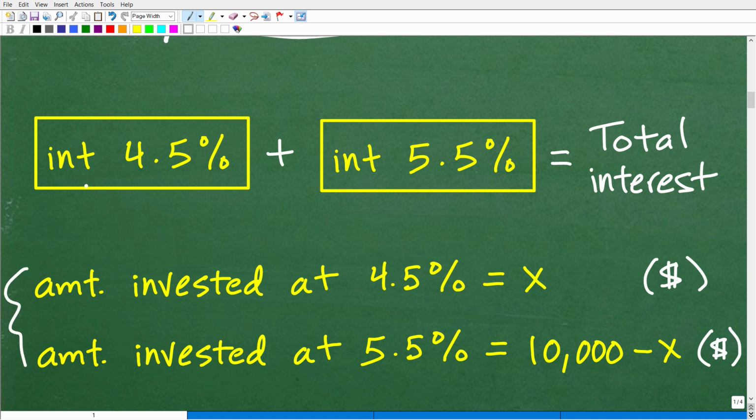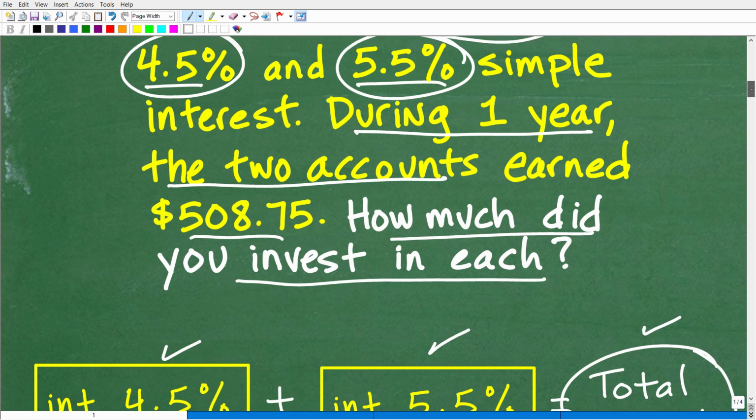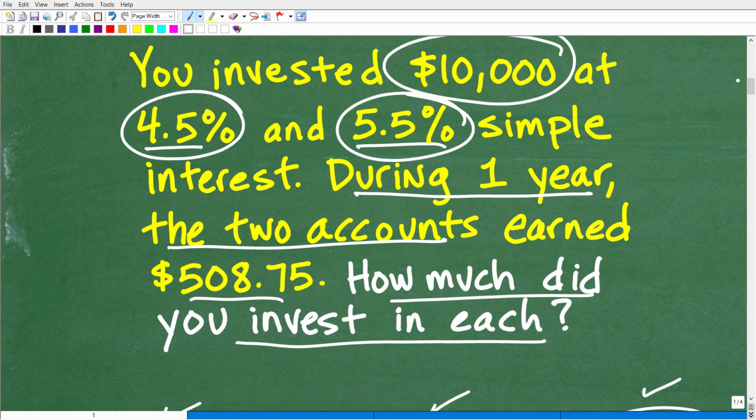We want to figure out how much interest was made on that 4.5% account, and then we'll add it to how much interest was made on that 5.5% account. And if we add this up, that'll be our total interest. Of course, we have this information, but this would be a good way to visualize pulling in all the information in the problem. But here's the thing: we don't know the amount that was invested. That's the question. How much did you invest in each?